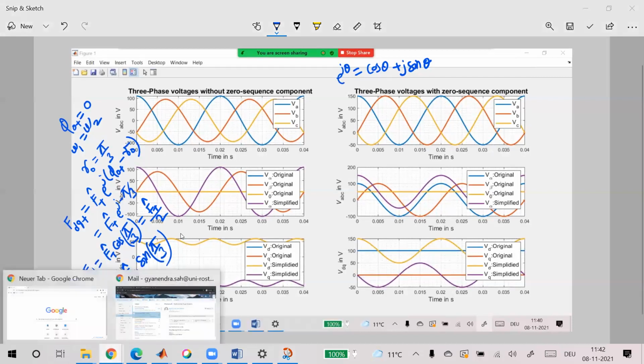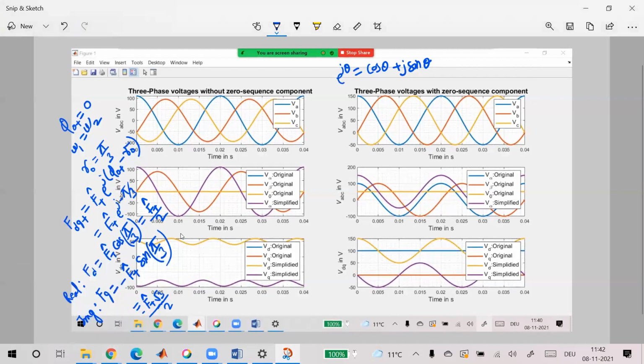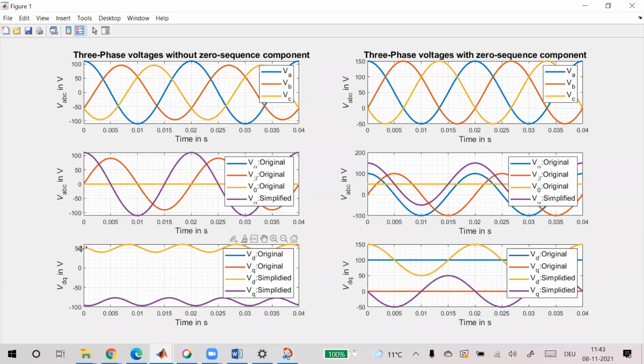Yes. Okay. So now you can see F plus is your 100. So this mean value is 50, right? You can also see, I'll show you the MATLAB graph. You can see the mean value is 50.